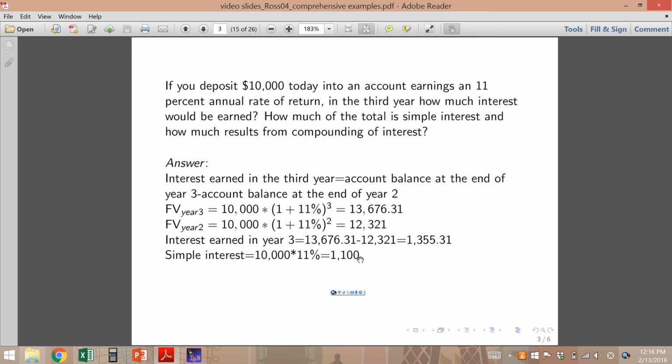The difference between the total interest you earned, which is this number, and the simple interest should come from the interest that you earned on the interest that you earned during the previous period. That is the meaning of compounding. So that's the decomposition here.